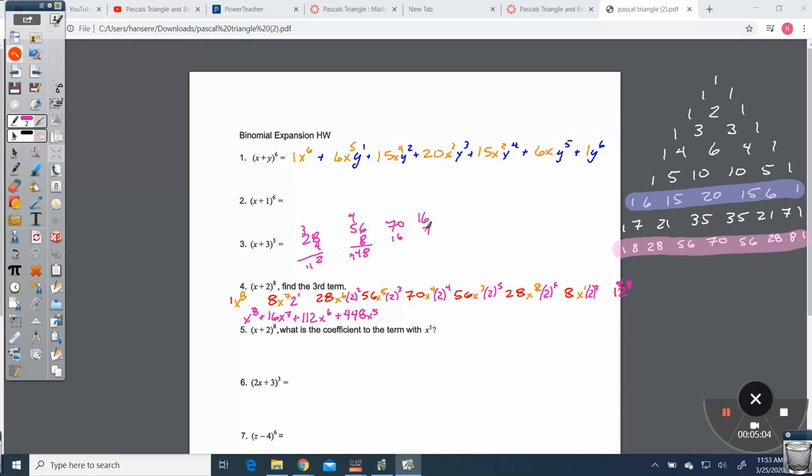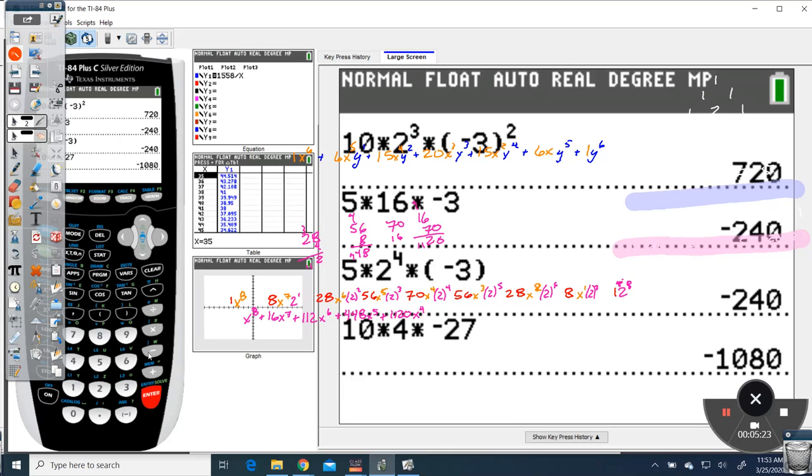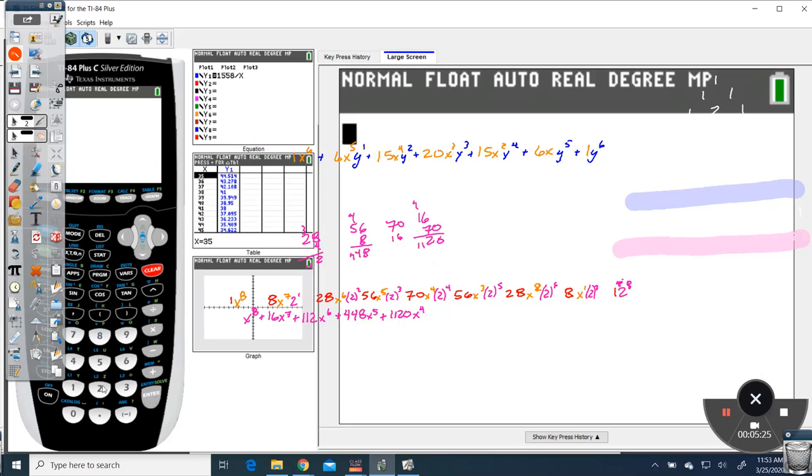Let's do it this way. That gives 1120 times x to the 4th. Let's do this. 2 to the 5th times 56. We've got it, we might as well use it.